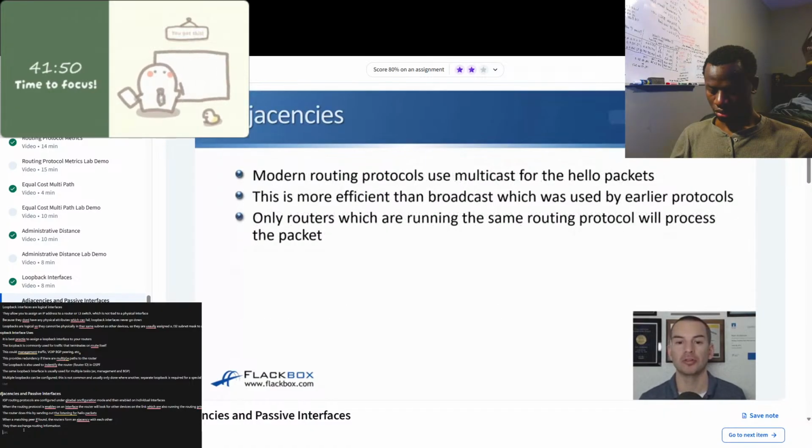Modern routing protocols use multicast for the hello packets. This is more efficient than broadcast that was used by earlier protocols like RIP version 1.